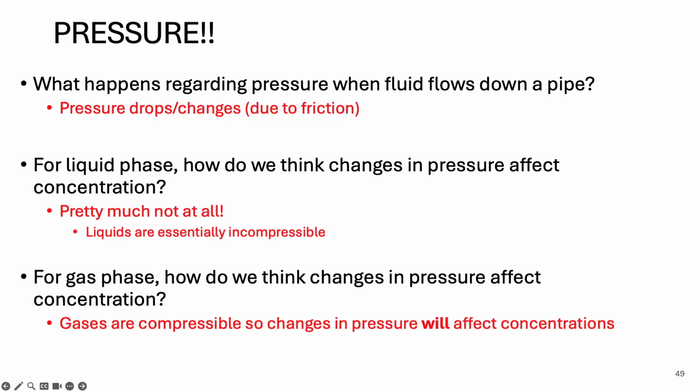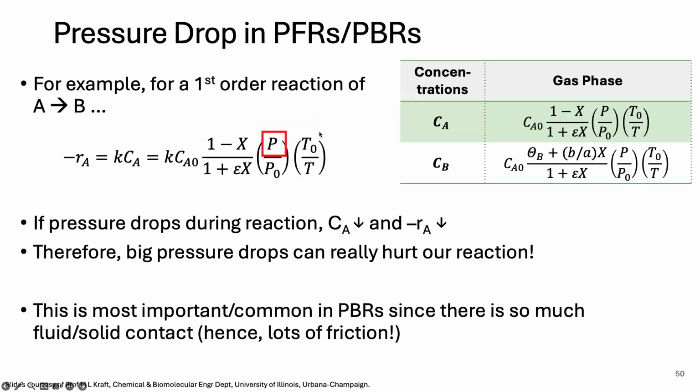So how can we account for pressure drop in a plug flow reactor or a packed bed reactor? Well, we need to account for that in our rate law expression. So here, for example, is a rate expression for a first order reaction, A goes to B, the rate of consumption of A. Now we see these additional terms to account for changes in pressure versus the inlet pressure, and also potentially changes in temperature versus the inlet temperature.